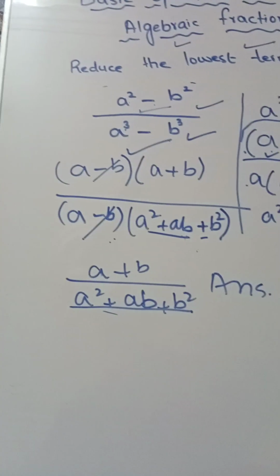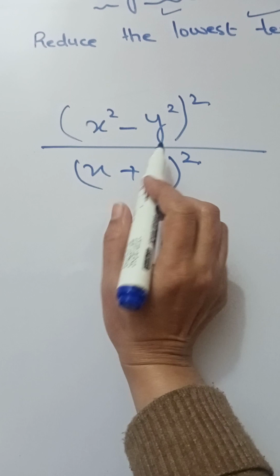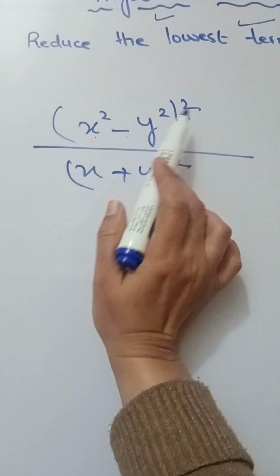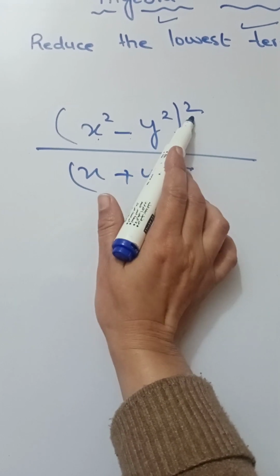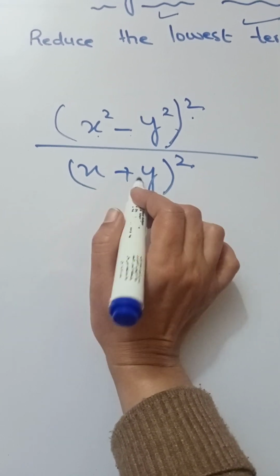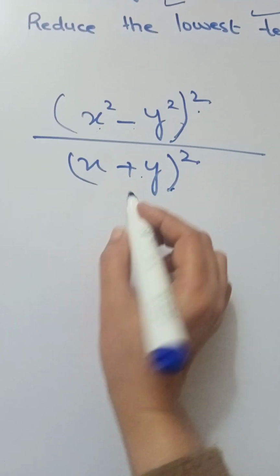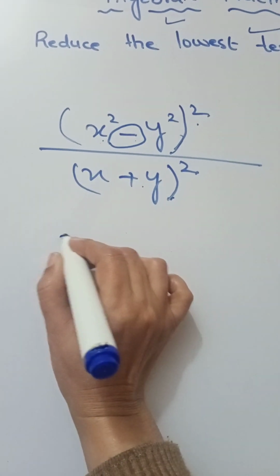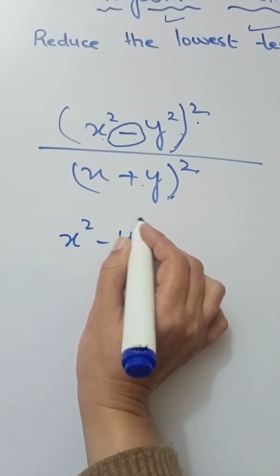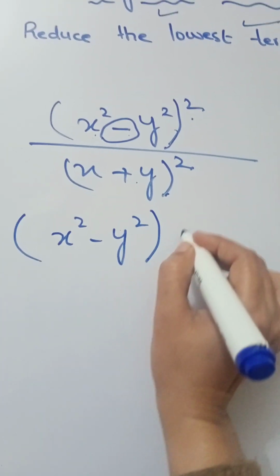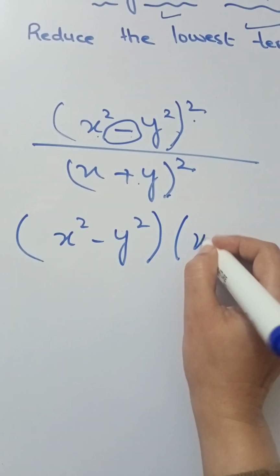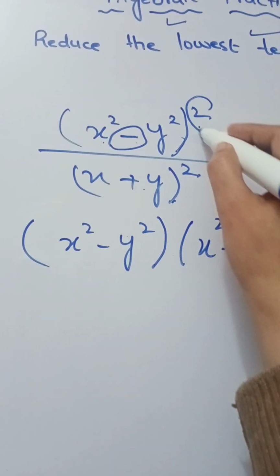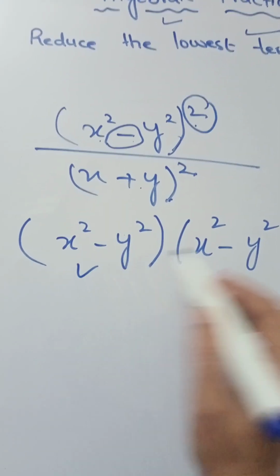In this question we have x square minus y square, and over it a square sign, x plus y whole square. How we solve here: there is a minus, so we can divide it into two brackets, in one bracket plus and in the other minus. It shows the two pairs of them.